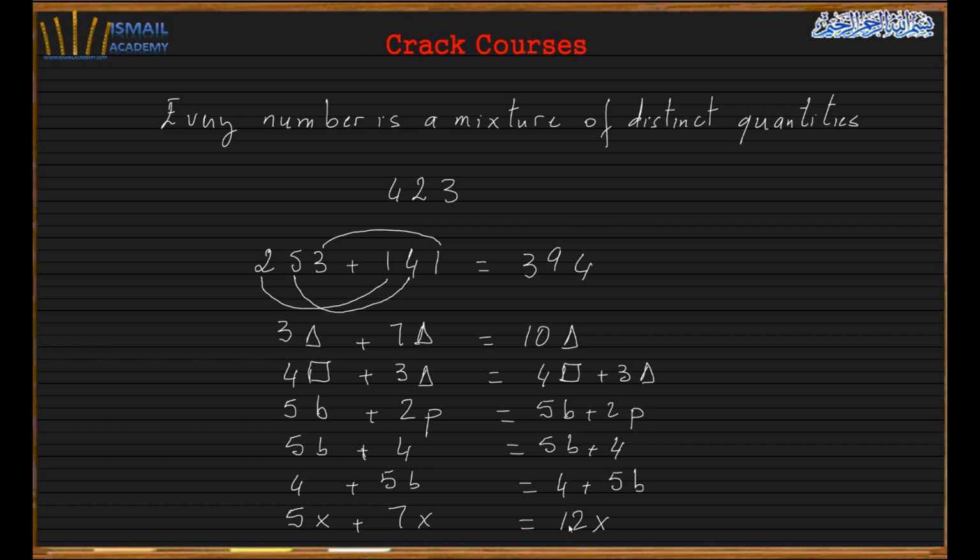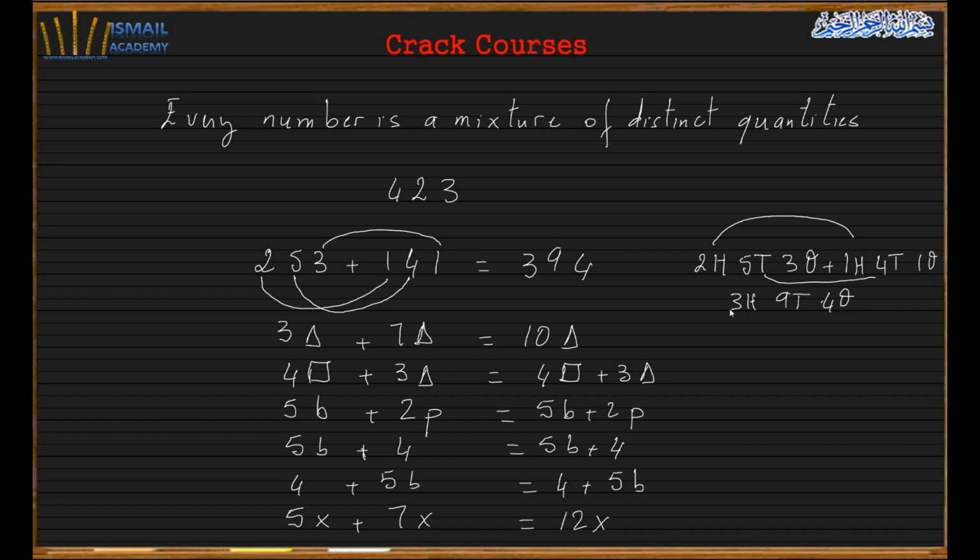The same idea applies even with the numbers. If I want to do it in terms of place value, what do I have? I have 200, 5 tens, and 3 ones, plus 100, 4 tens, and 1 one. If I want to add those two, I will combine the similar ones. That's why I'll have 300, 9 tens, and 4 ones.